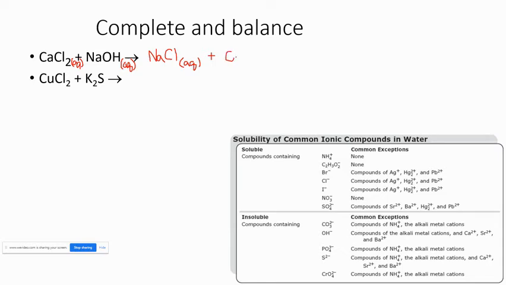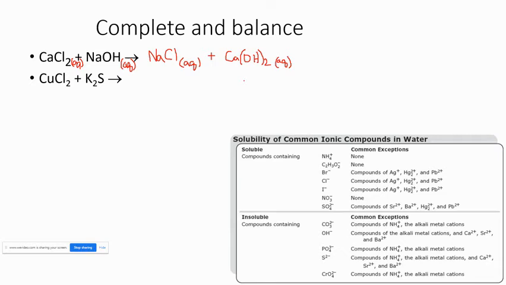It's going to be Ca, then we're going to throw in this OH2. So that's how you would fill it out. This is aqueous. And it's not actually going to happen because it's all aqueous straight across the board.